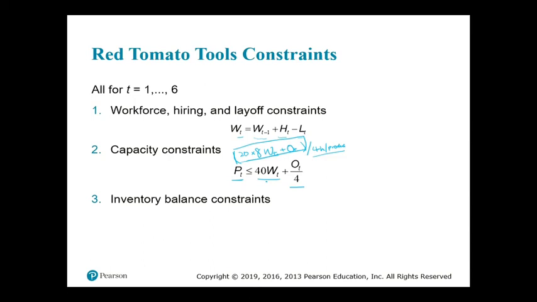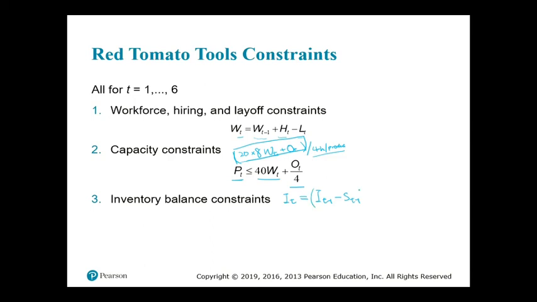Then we have inventory balance constraints. So the inventory at the end of period T should depend on my previous inventory level, say I_{T-1}, minus S_{T-1}.